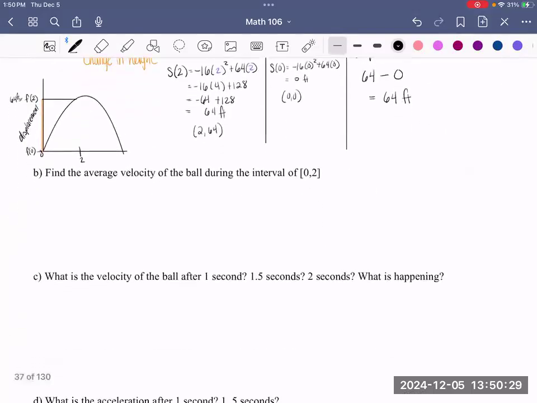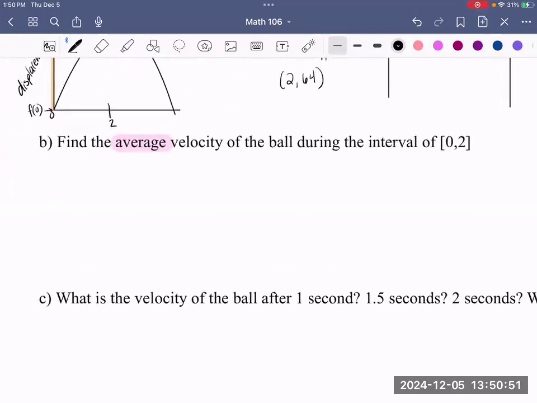Now let's find the average velocity of the ball during the interval of 0 to 2. So when it's talking about the average, we're talking about the average rate of change. That is what your velocity is. So let's figure out your average rate of change. This says f of b minus f of a all over b minus a.